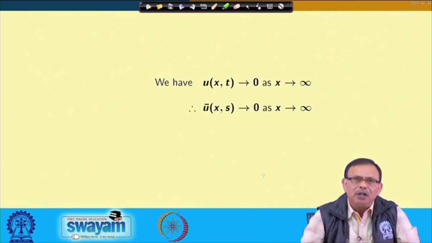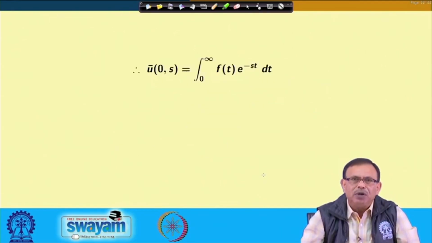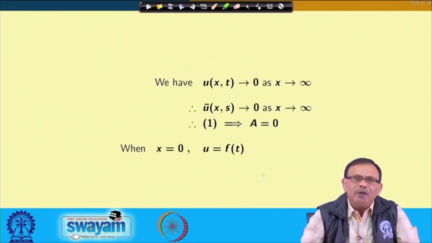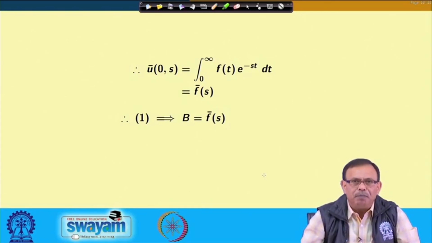So u bar(x,s) approaches 0 as x approaches infinity, and from 1 you will get a equals 0. Also I know whenever x is 0, u equals f(t). If I take the Laplace transform on both sides, you will obtain u bar(0,s) at x equals 0 equals the integral from 0 to infinity of f(t) e to the power minus st, which is nothing but f bar(s). If I substitute in equation 1, I will obtain b equals f bar(s).